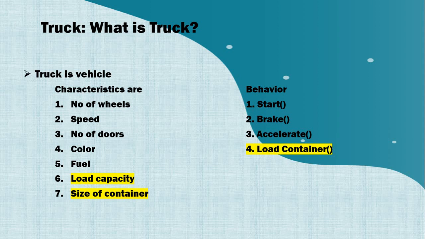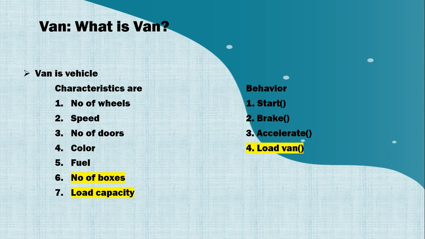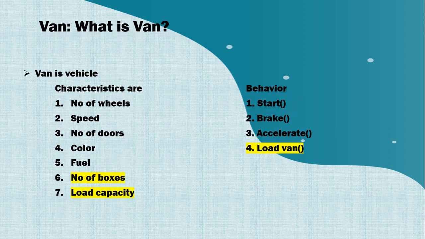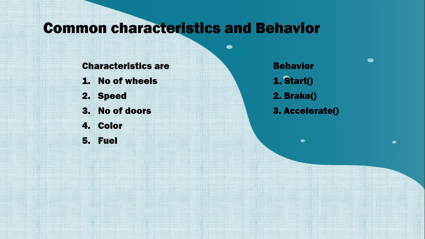Along with those, it has its own characteristics and behavior, like load capacity and the size of the container, and the behavior will be load container. Like the bike also has the basic characteristics which are there in the base class. Along with those, it also has its own characteristics like saddle height. Likewise, the car, van, and truck also have their own.